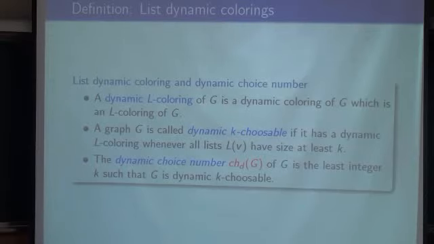So simply you can understand that the dynamic choice number is the choice number with a dynamic coloring. Right. So how would you define L(v)? So for the dynamic choice number, the enemy can give L(v), pick any list. Right. The enemy can give any list with this size. Then we can color the vertices, right?